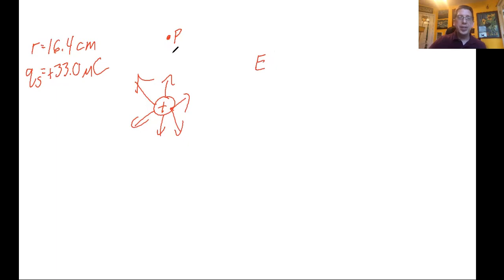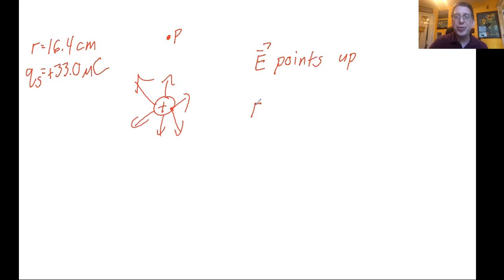So the direction is up, because you're looking at a point directly above the source charge. The source charge is positive, so the electric field points out of the source charge and it goes up to point P. So that's the direction. And usually it's easier to figure out the direction first.